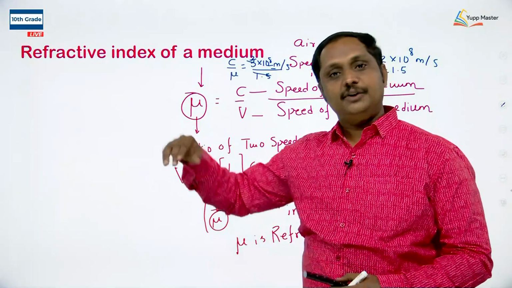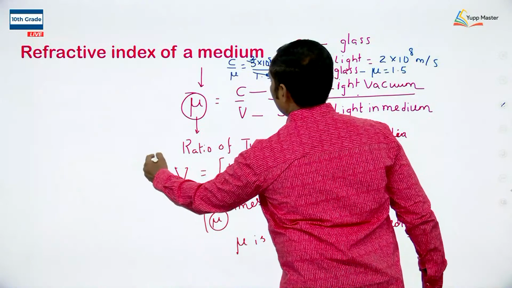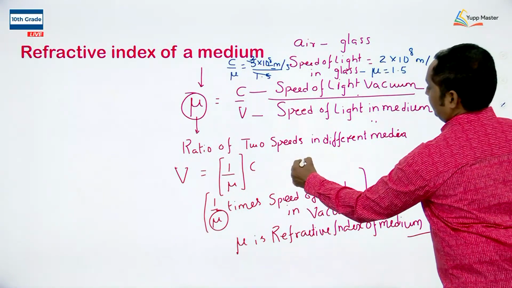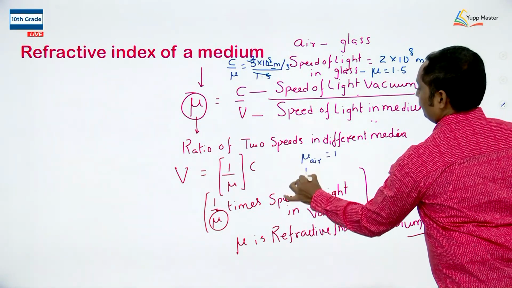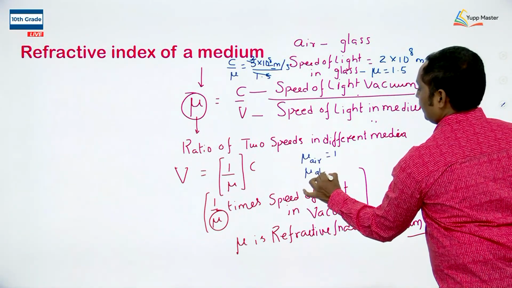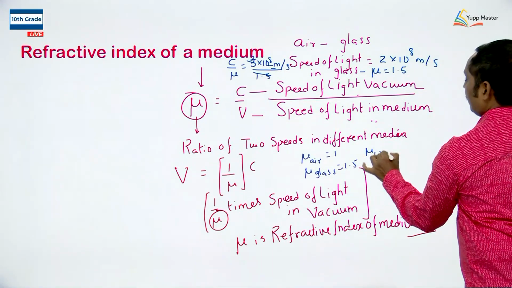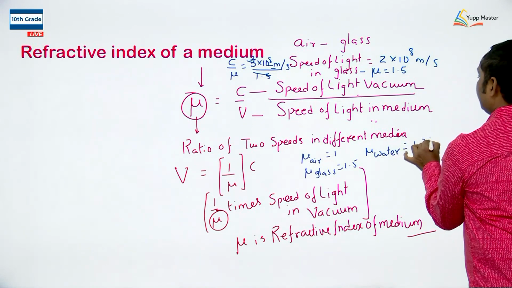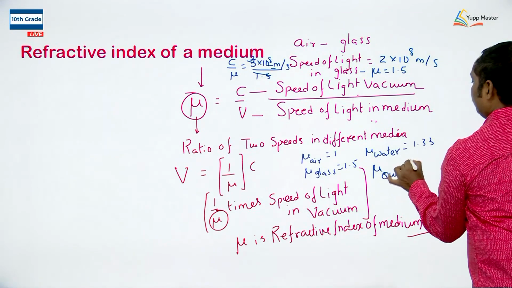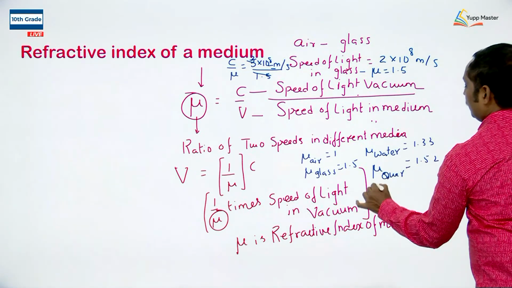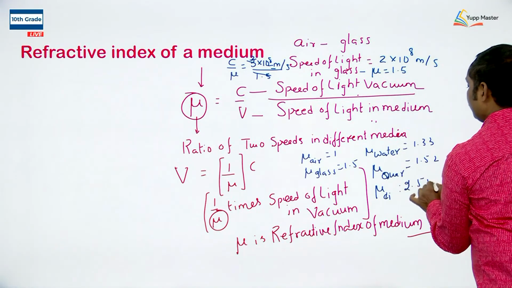If you take glass, air, now you will know that mu air is 1, mu glass is 1.5, mu water is 1.33, mu quartz is equal to 1.52, mu diamond is going to be 2.52.